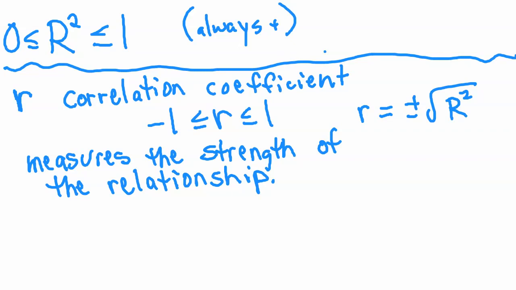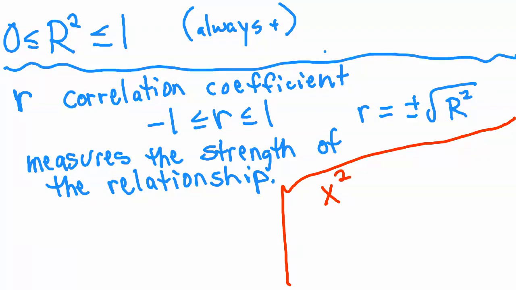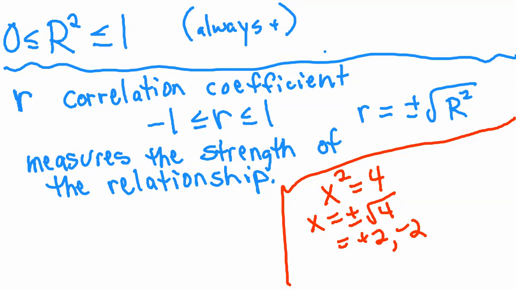From algebra, let me just do a side note to explain that. I'll do that right down here, and I'm going to end up erasing it. If you had this equation from algebra, x squared equals 4, and you were going to solve it, you don't just get 2. You get two answers. You get plus or minus the square root of 4, so you get plus 2, and you get minus 2.